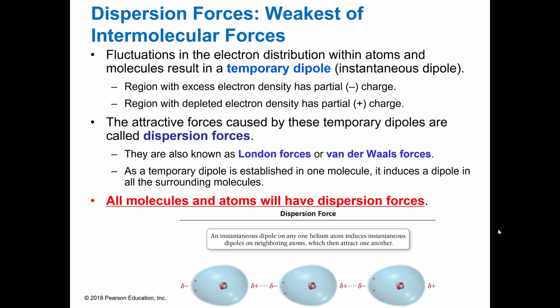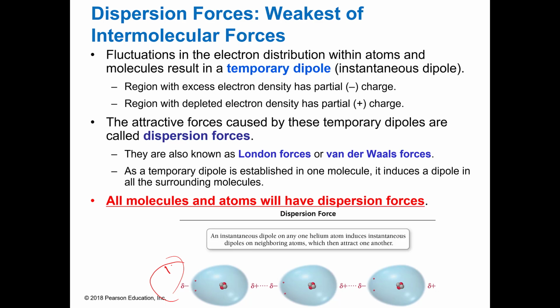So let's talk about these temporary things. What the heck does this mean? In a temporary dipole, these will happen and then go away, and then happen and go away again, while these molecules are moving all around each other. The instantaneous or temporary dipole occurs when something outside of the molecule attracts the electrons or repels the electrons.